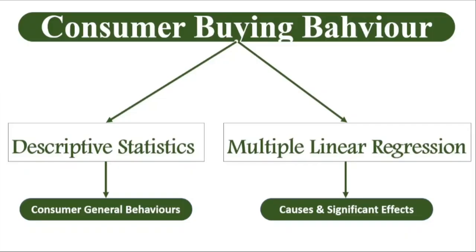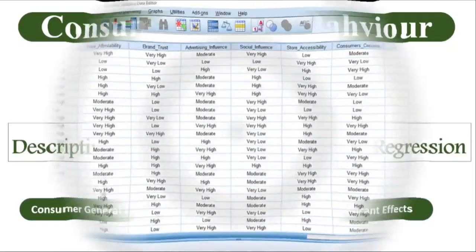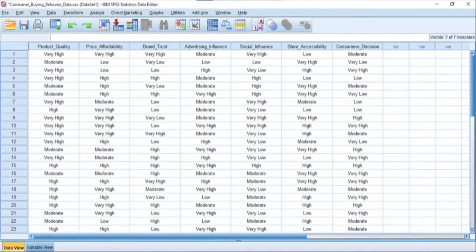This makes it ideal for strategic business decision-making, such as targeting marketing efforts or improving specific service areas that drive sales. Now, let's go into the data and perform the respective analysis.